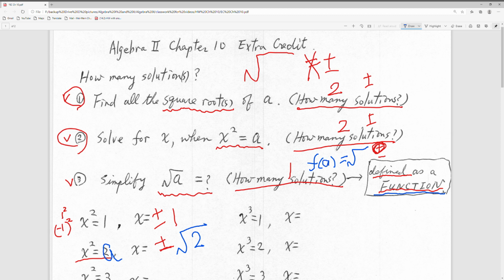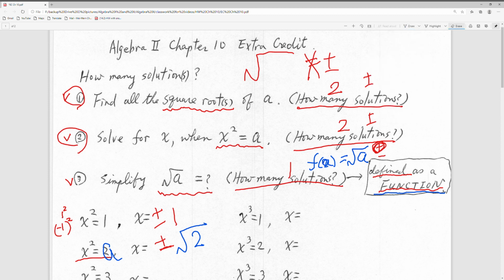So you input A is 2 and the output is square root of 2. So when A is 2, the answer is square root of 2.